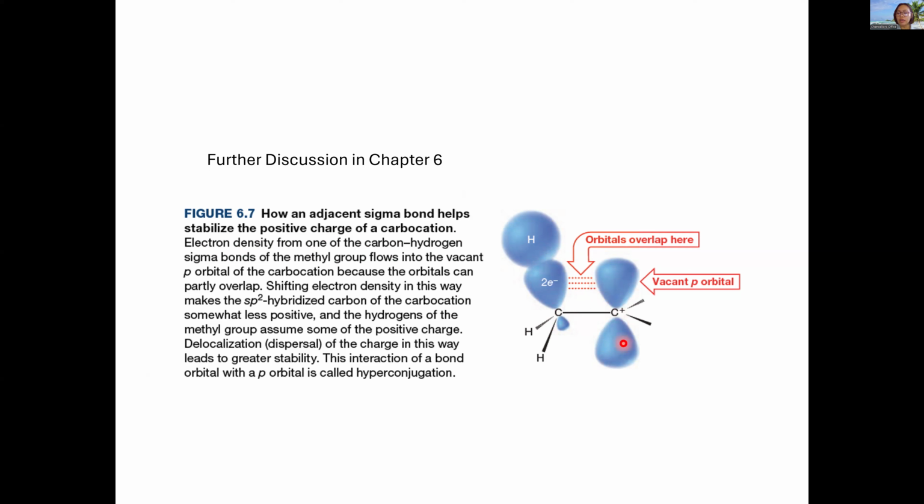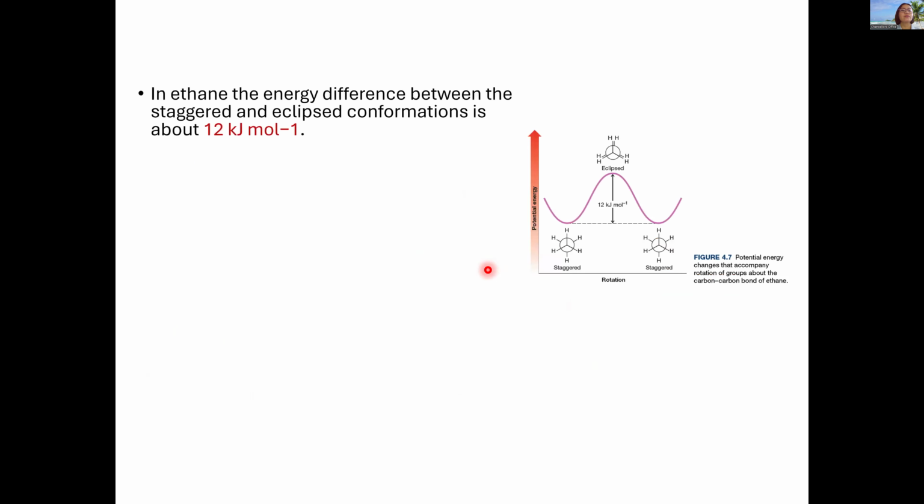This is what we call hyperconjugation. It helps stabilize the positive charge on the carbon. But we will discuss more of this when we proceed to chapter 6. It also helps in the stabilization of our carbons.